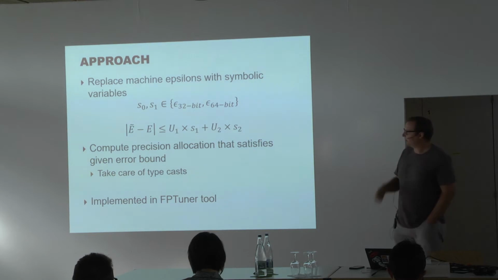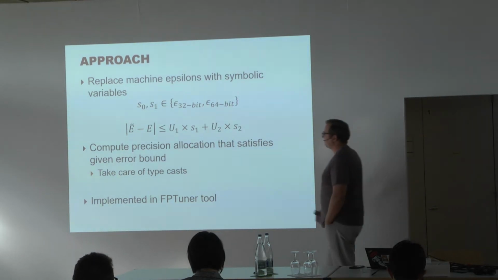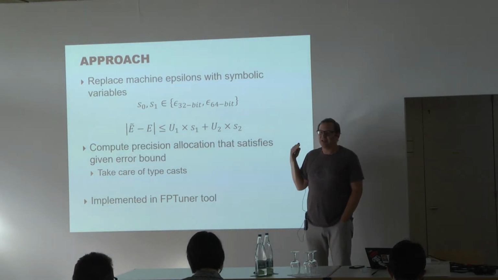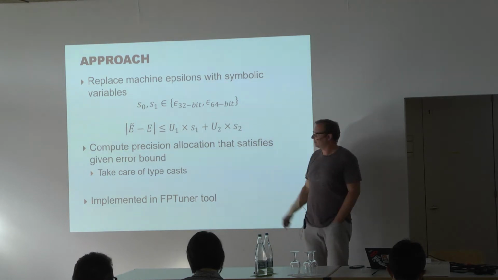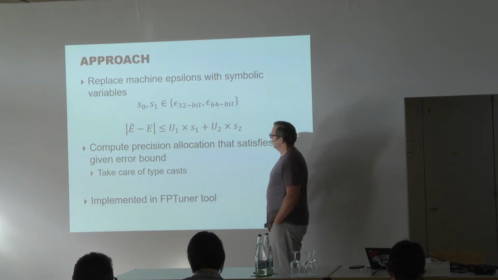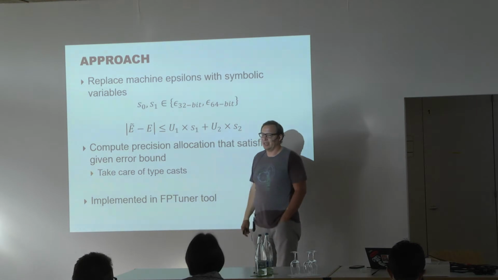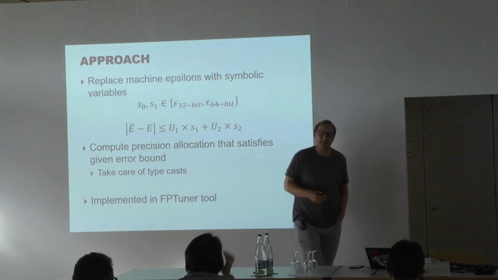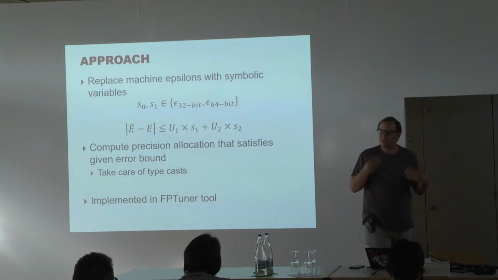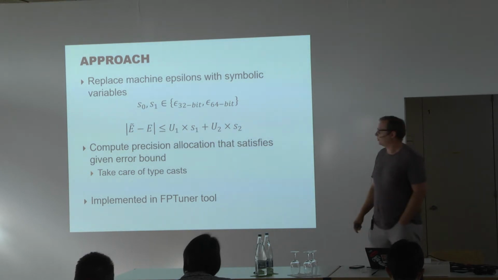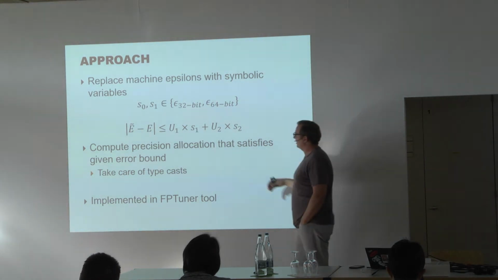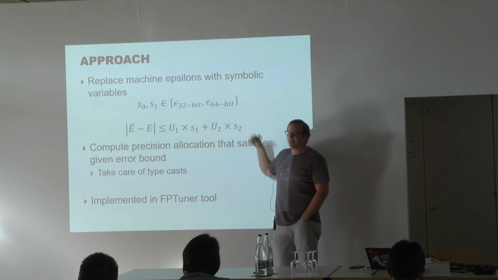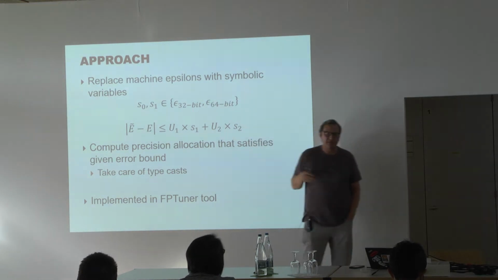Okay, so how do we do this? We already hinted at this at the end of the analysis part of the talk. We have these machine epsilons, and in FPTaylor it's pretty easy to play with different machine epsilons to see what kind of errors you get on the output. So in this work, we replace them with symbolic variables.